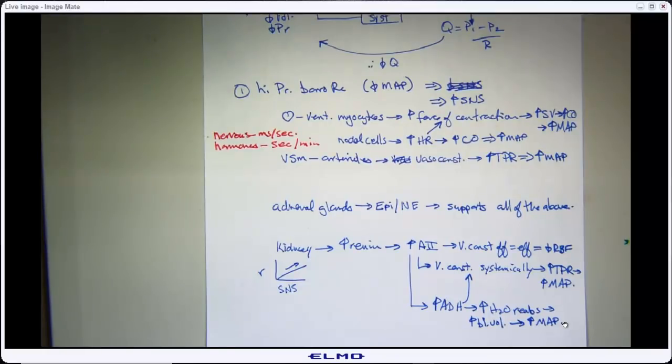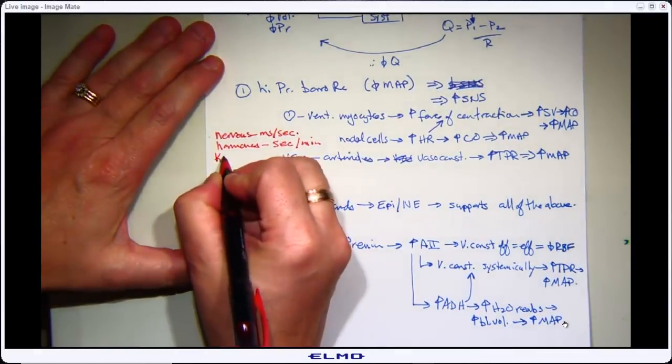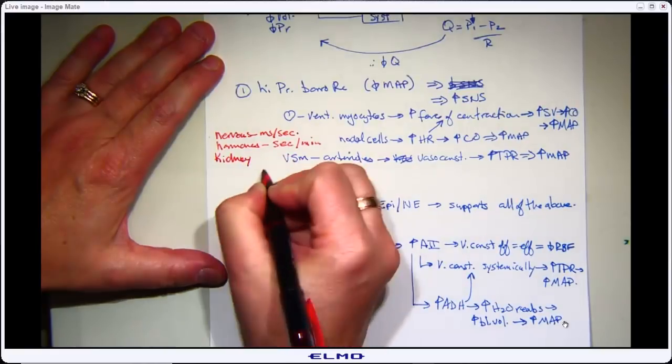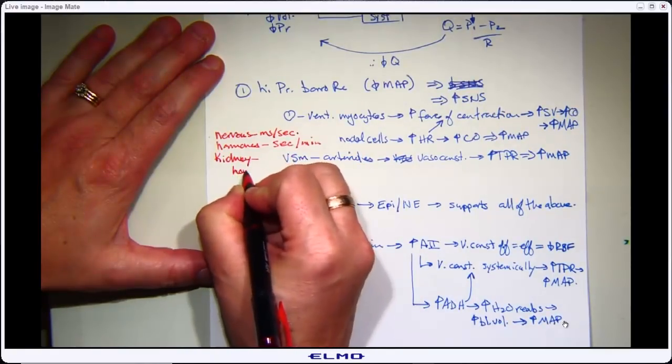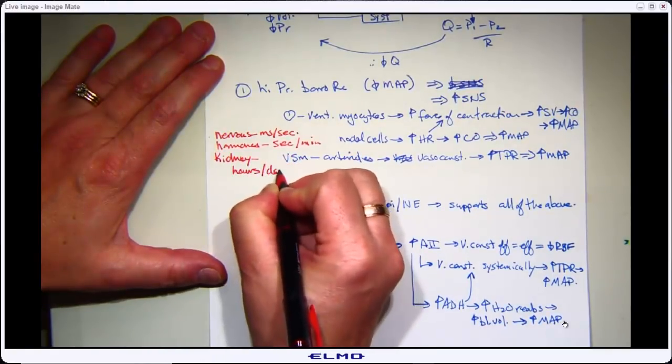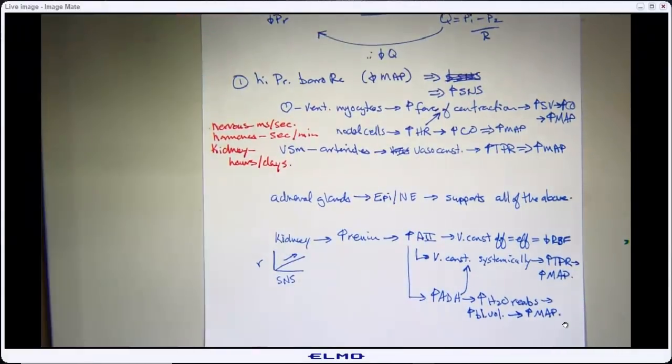So when you affect fluid flux at the level of the kidney, you're talking about an hours to days fix to the problem, okay? So we do have our three different time scales hanging out there. Okay, so that's pretty good.